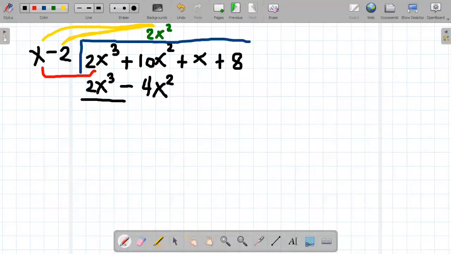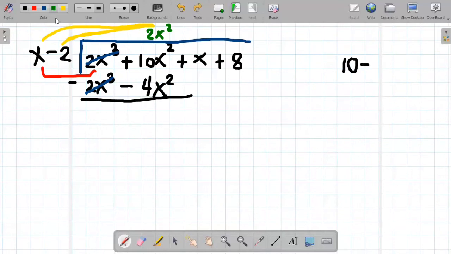Okay, so from here, we subtract. This one is canceled because 2x cubed minus 2x cubed is 0. Now for this one here, you have 10 positive, minus a negative 4.